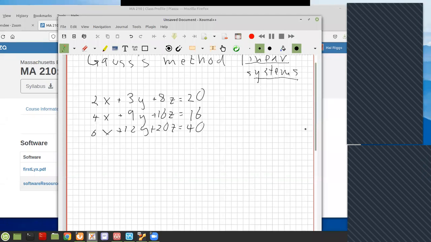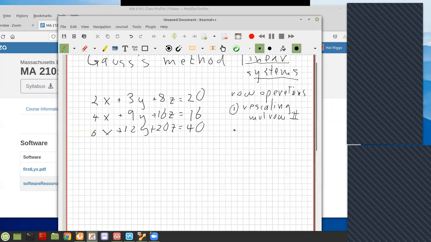So what does Gauss's method do? Well, what Gauss's method does is it applies one of the 3 row operations, and those are rescaling, which is multiplying a row by a non-zero number.